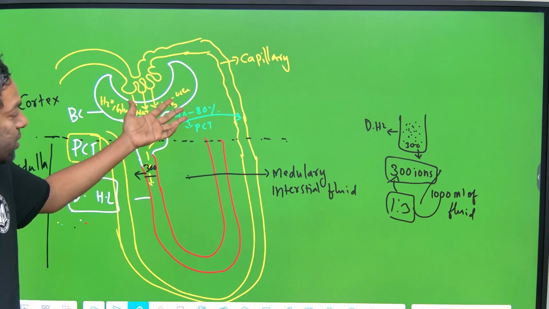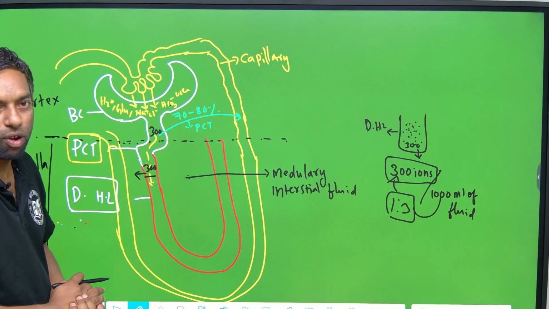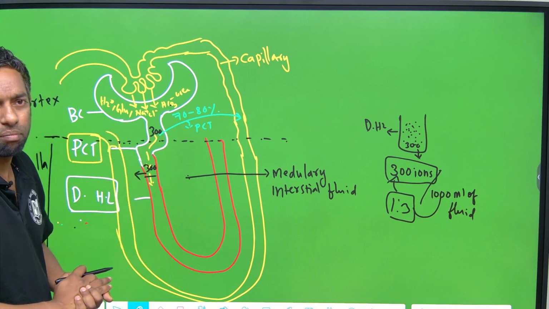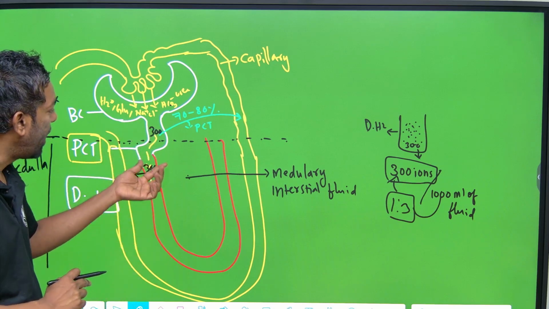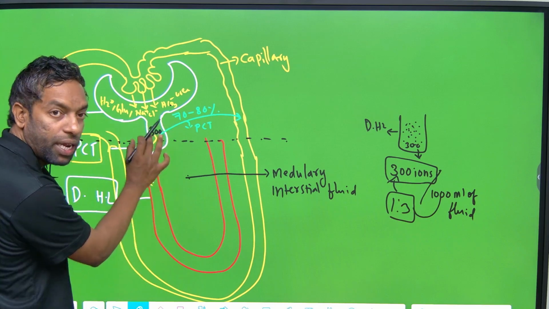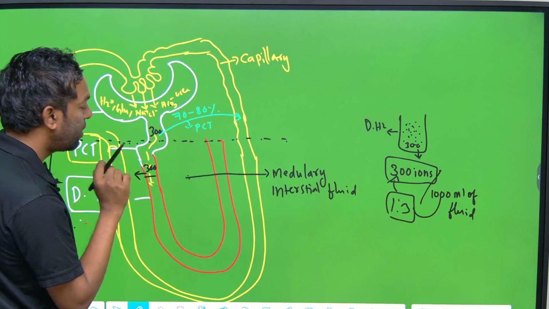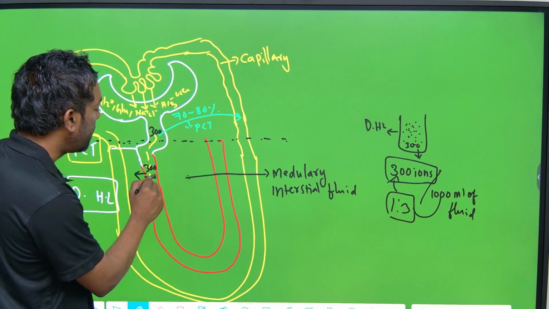They are filtered through the glomerulus and enter the Bowman's capsule towards the Henle loop. The renal tubule is the urinary excretory part.